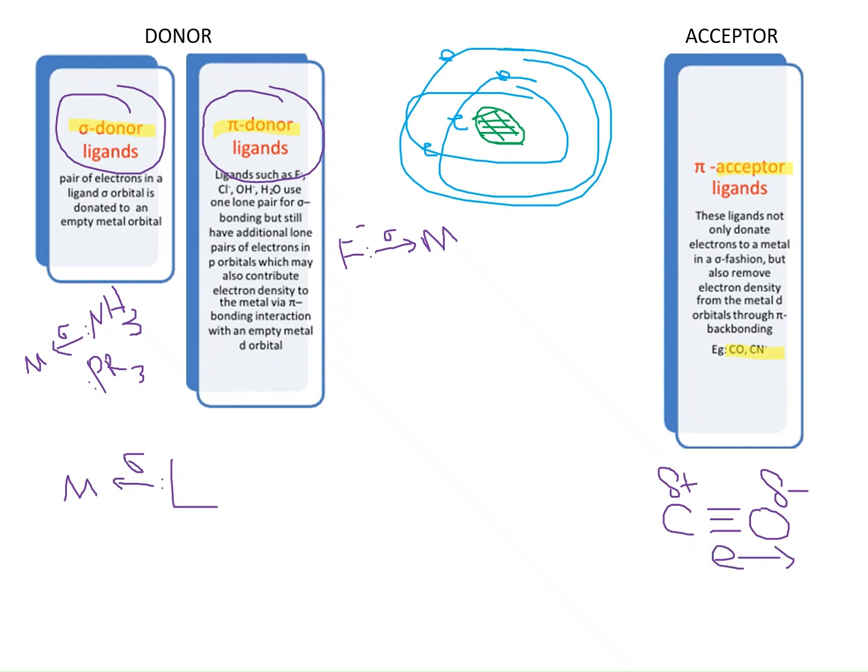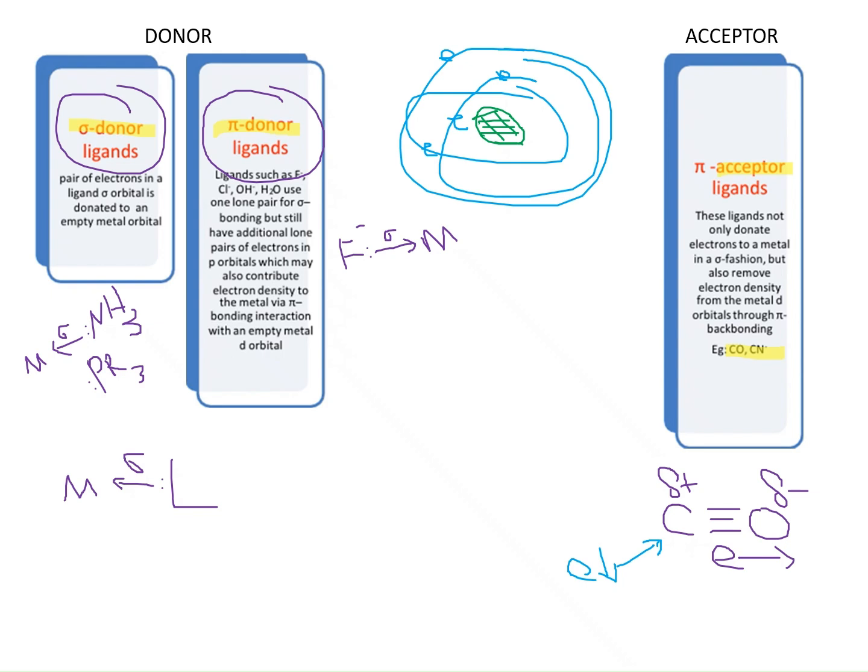When electron density is pushed towards oxygen, it makes the electron density on carbon lower, and this makes the carbon acidic. Because of that, this carbon can be a pi acceptor ligand.